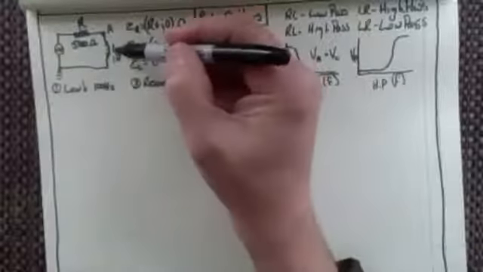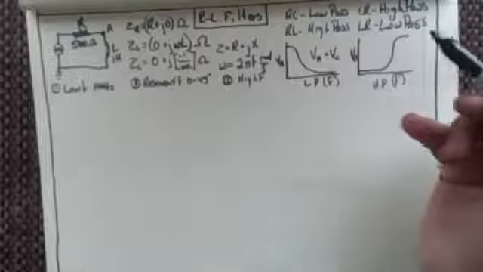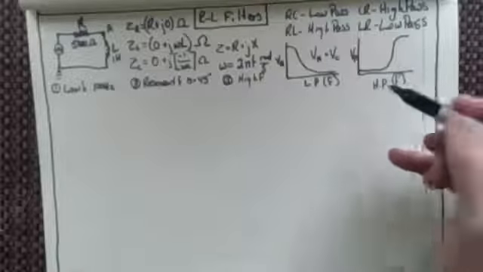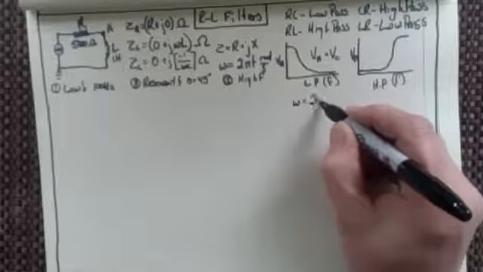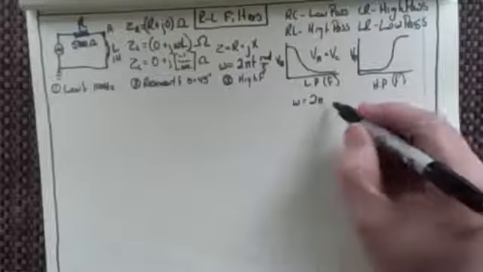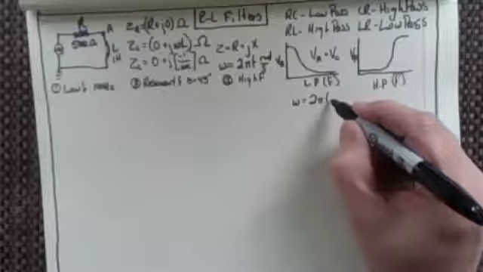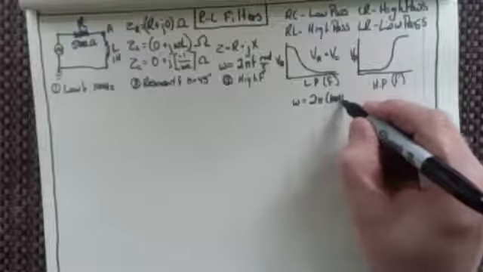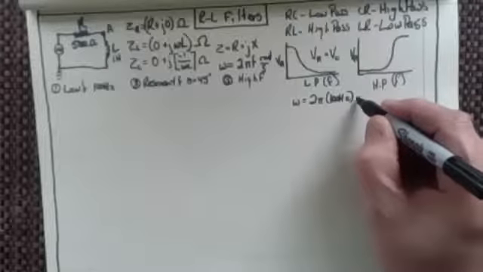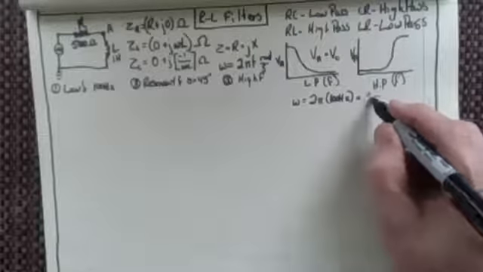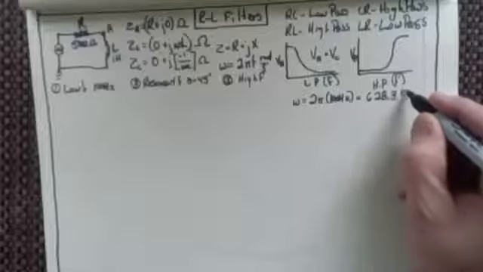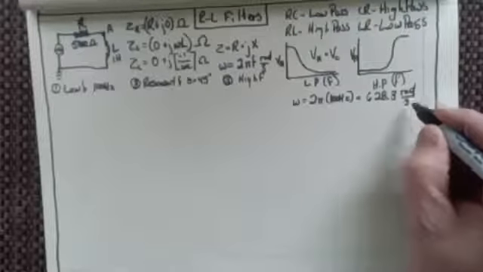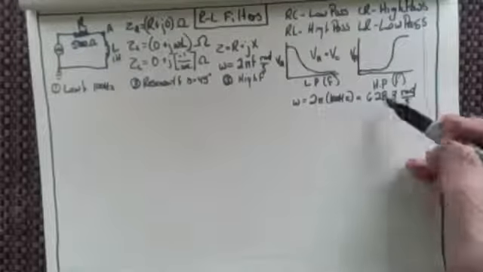We know omega equals 2 pi radians per cycle times the frequency, in this case 100 hertz, and that gives us 628.3 radians per second.